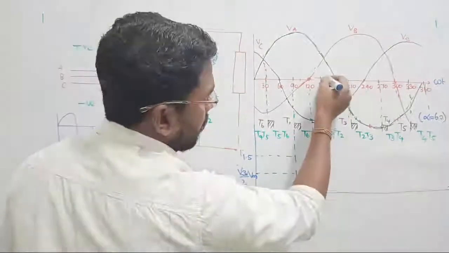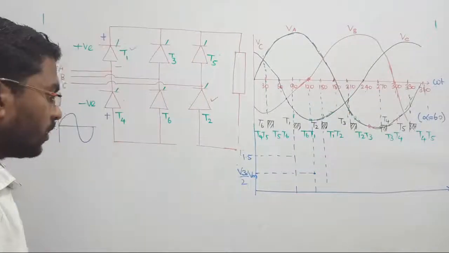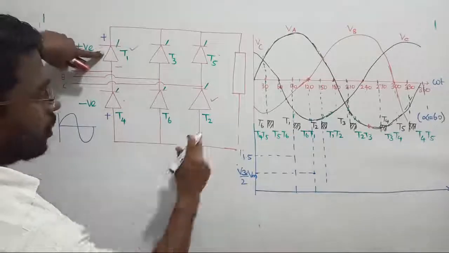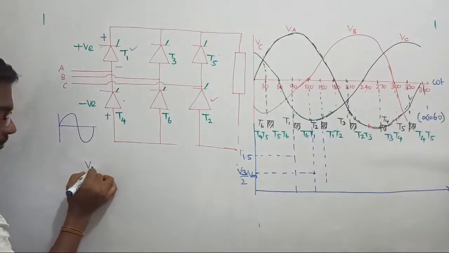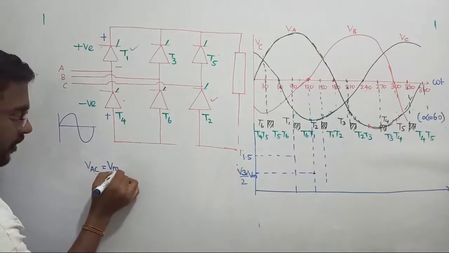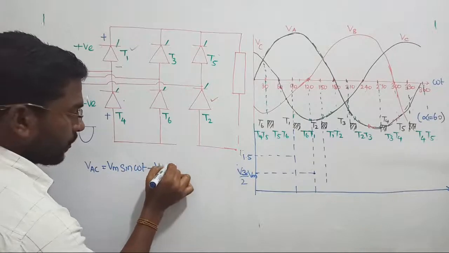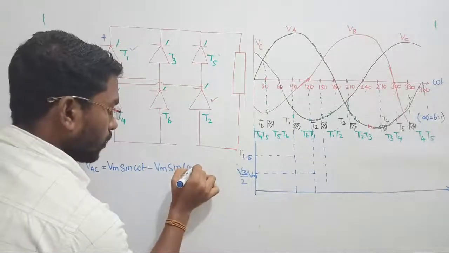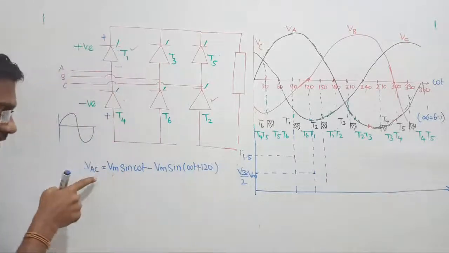T1, T2, right? At omega t equal to 150 onwards, T1 and T2 are going to carry the current, phase A and phase C. So it can be written as VAC. The answer is Vm sin omega t minus Vm sin omega t plus 120 degree, because of VC.